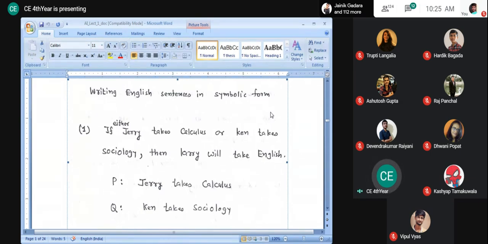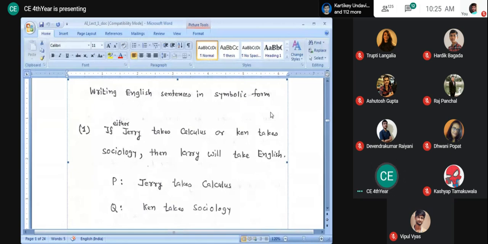Jerry takes calculus can be represented by any proposition; any name can be given. Here, for simplicity, I have used the proposition P. So the fact Jerry takes calculus is represented as P, Ken takes sociology is represented as Q, and Larry will take English may be represented as R.